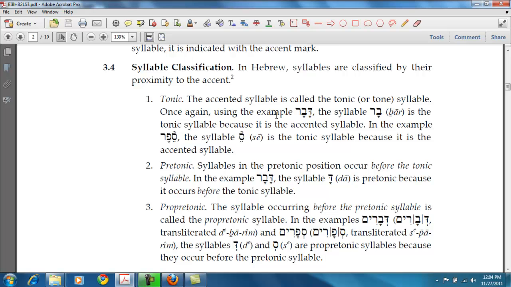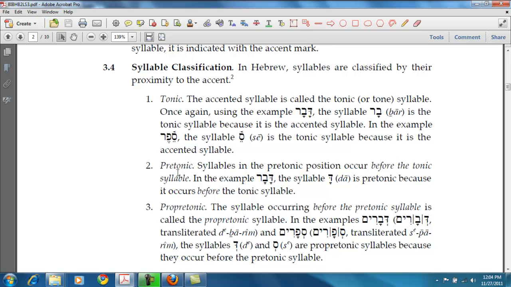Once again, using the example of davar, the syllable var is the tonic syllable because it is the accented syllable. In the example sefer, the syllable say is the tonic syllable because it's the accented syllable. So we've learned that the tonic syllable is the accented syllable.